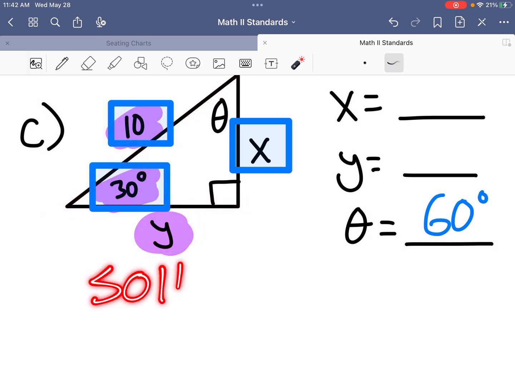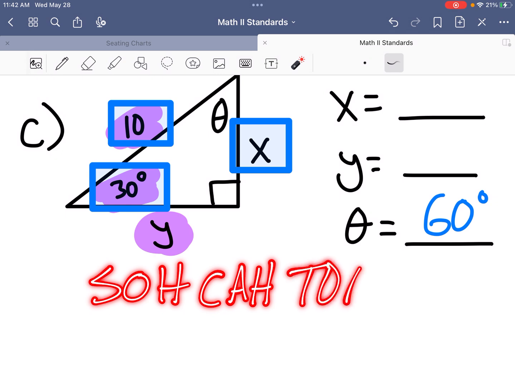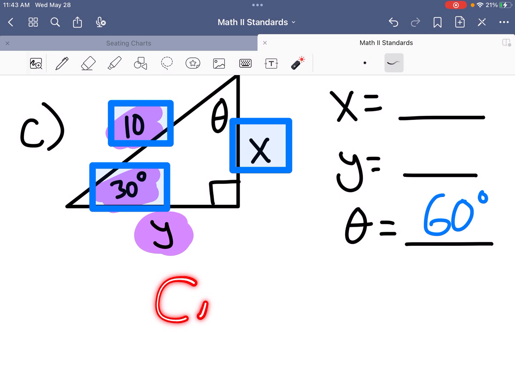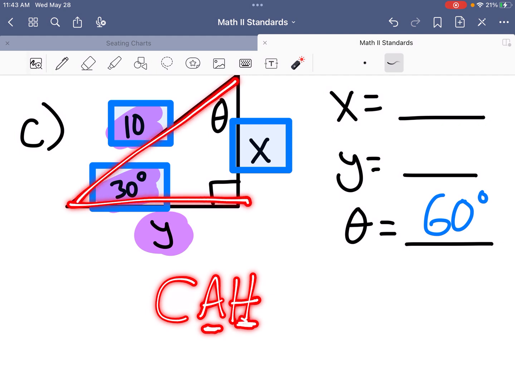Our trig shortcut, the thing for us to remember, is SOHCAHTOA, which, just to remind you, means sine is the ratio of the opposite side from our angle divided by the hypotenuse, or in this case it would be x divided by 10. CAH is cosine, the adjacent side divided by the hypotenuse right here.